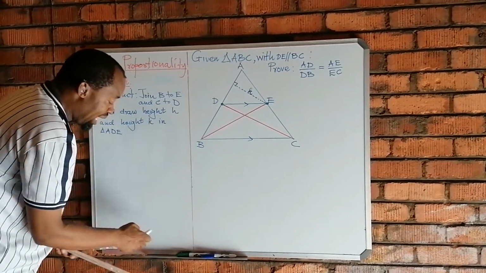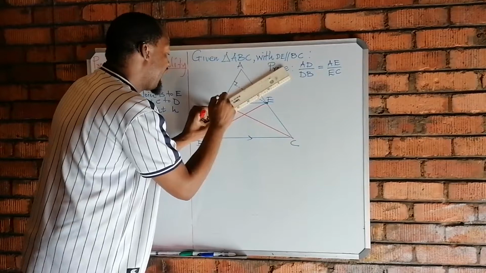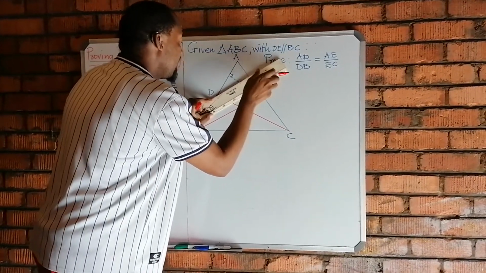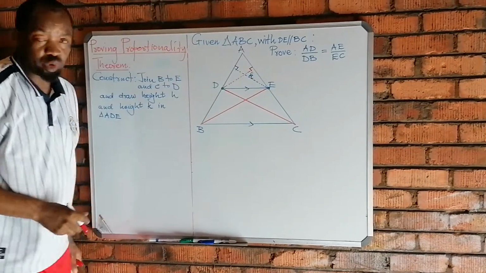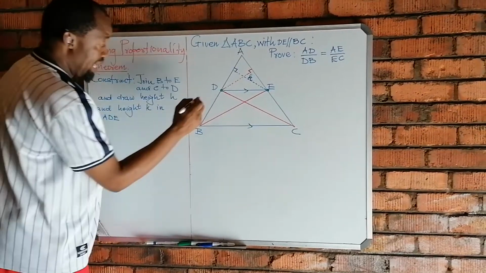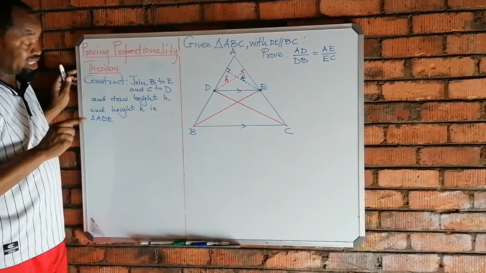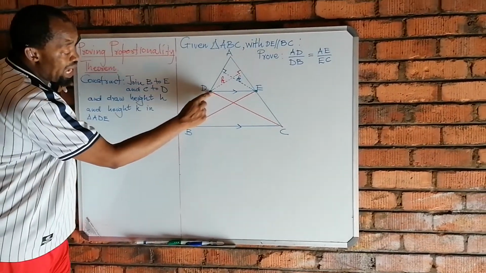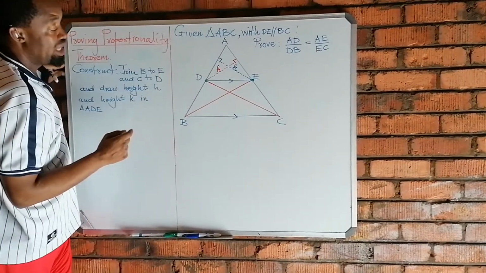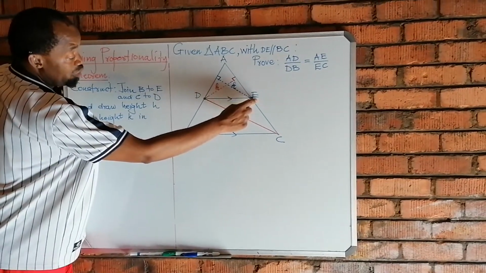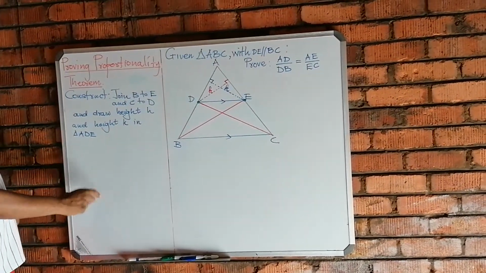Then let's have another height again according to our construction. That is going to be height H. It is from the vertex D, perpendicular to line AE. Now we call this one small h. I want to stress this point again. We have common vertex for triangle ADC. We have common vertex for triangle AEB. That was basic knowledge number 3 here.